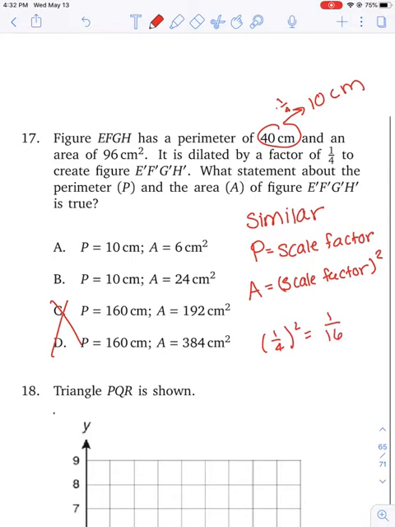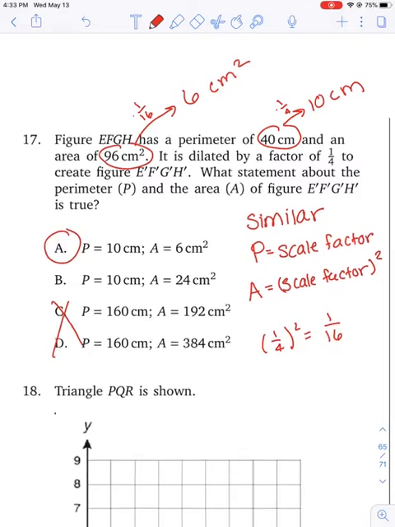So instead of dividing it by 4, I have to divide it by 16. So times 1/16 or divide by 16, it's the same thing. And 96 divided by 16 is 6. 6 centimeters squared, which leaves us with A as the answer.